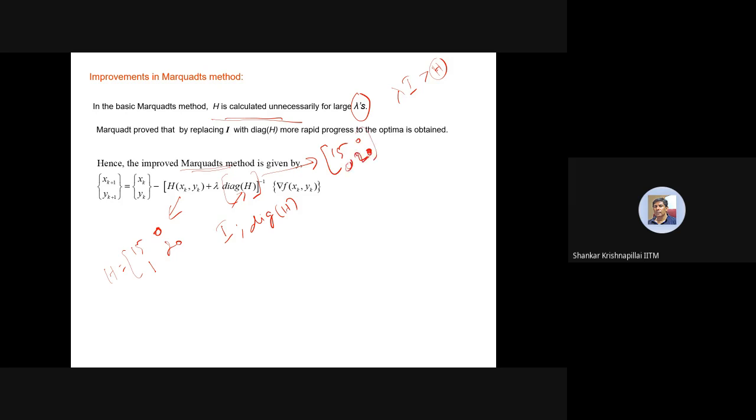That way the elements of the H matrix are used here instead of becoming negligible and being ignored. So this is the improved Marquardt's method. There is no worked example with the improved Marquardt method, so we can try it later.